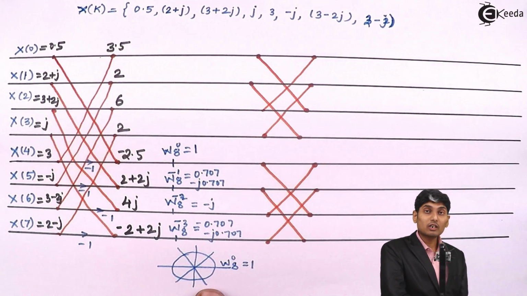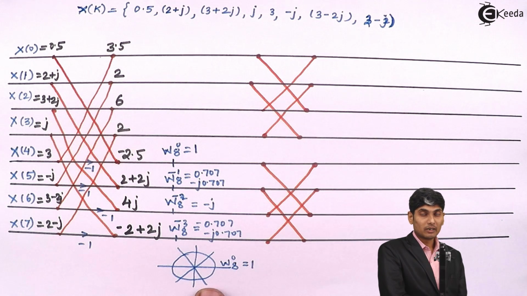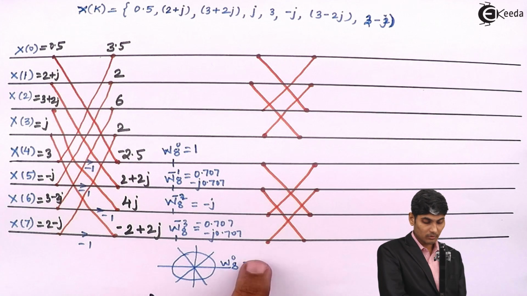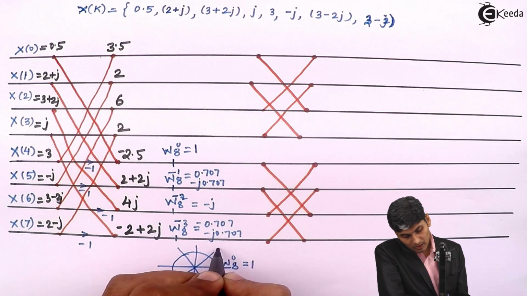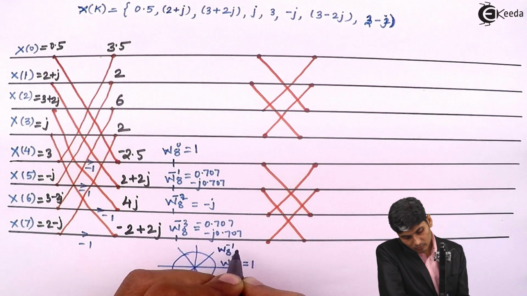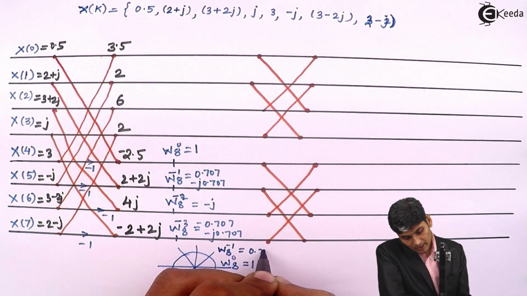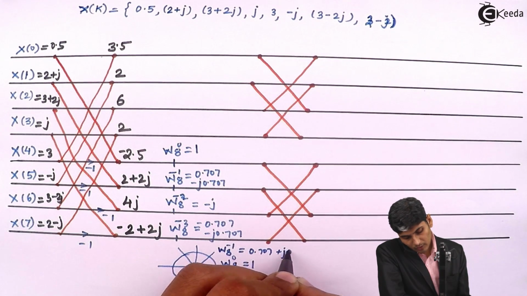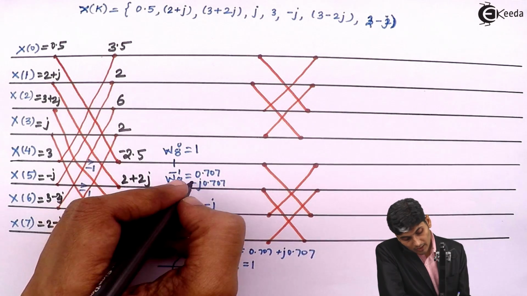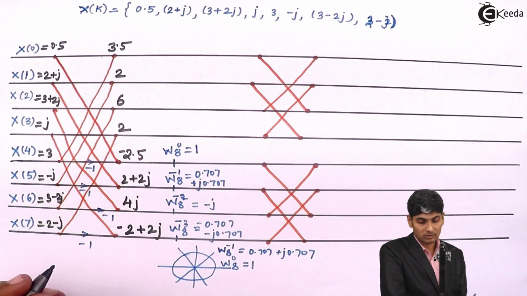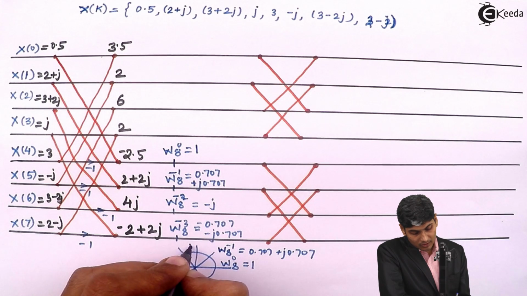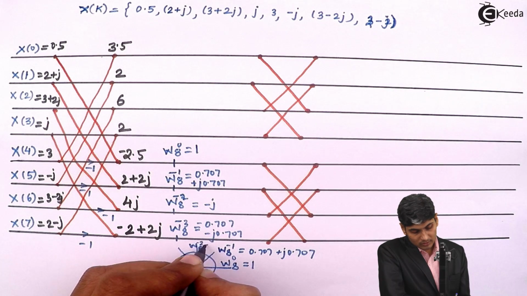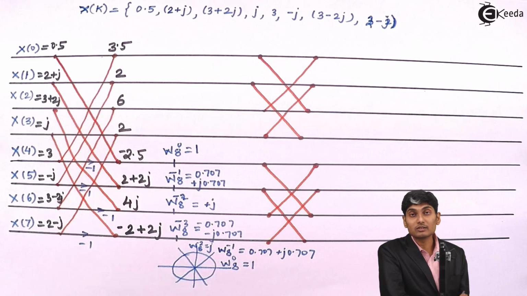Now we write here W8 raised to 1, but now it is W8 raised to minus 1. So when I am writing W8 raised to minus 1, it will be on this side. So it will be W8 raised to minus 1, which is nothing but 0.707 plus j 0.707. So we have here, instead of minus, it is plus. Then I will have here W8 raised to minus 2, which is equal to plus j. So this will be plus j.